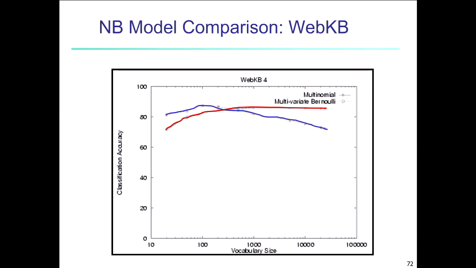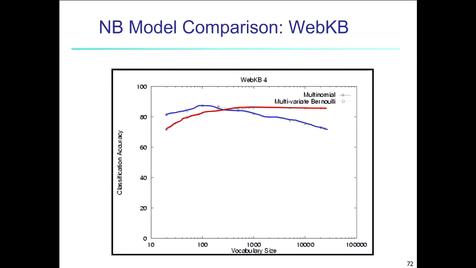There's a paper that did some experiments, and this is one figure from the paper. This one is one of the four different data sets, and it gives the closest performance between the two models.